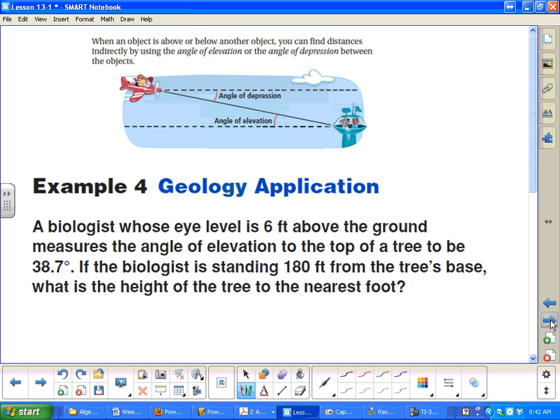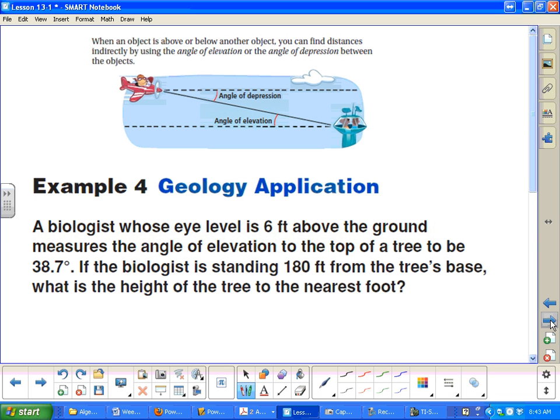Here we're talking about the angle of elevation and angle of depression. Now, here's how I tell the difference. Angle of elevation is when you look out along the horizontal and look up; an angle of elevation is formed.